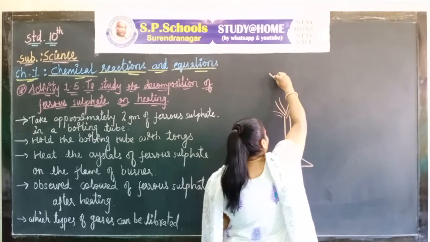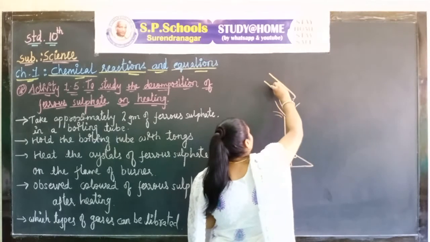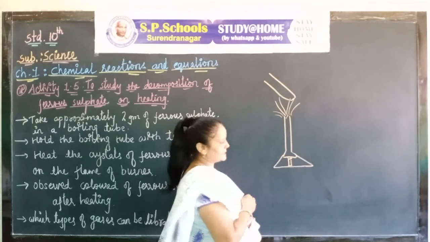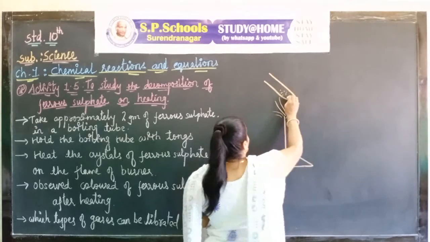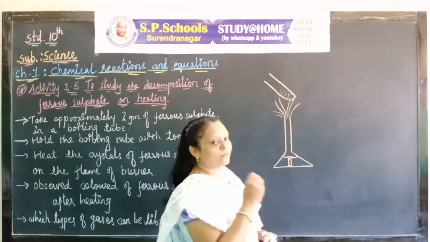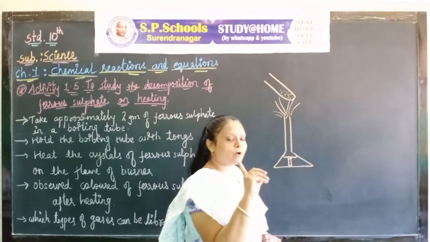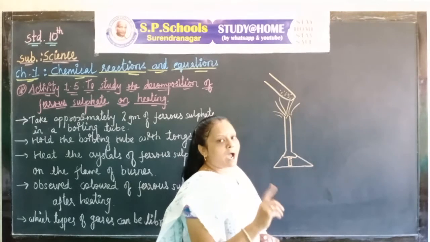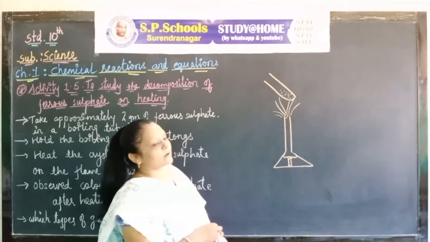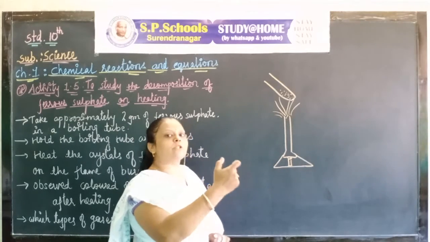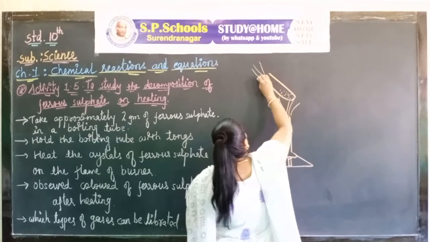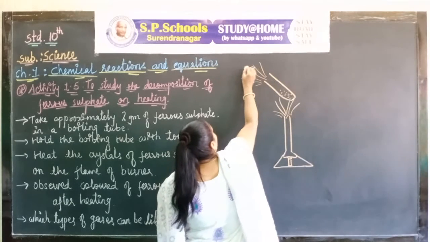Take a boiling tube, and in the boiling tube take crystals of ferrous sulfate. We first observe the crystals of ferrous sulfate after heating, and when we place the boiling tube on the flame of the burner, gases will be liberated.